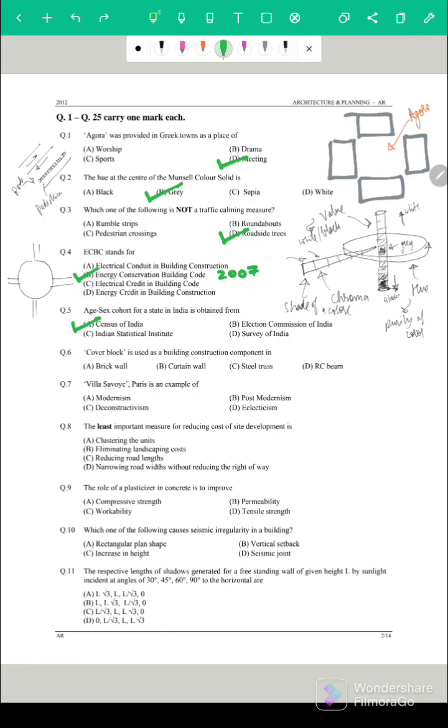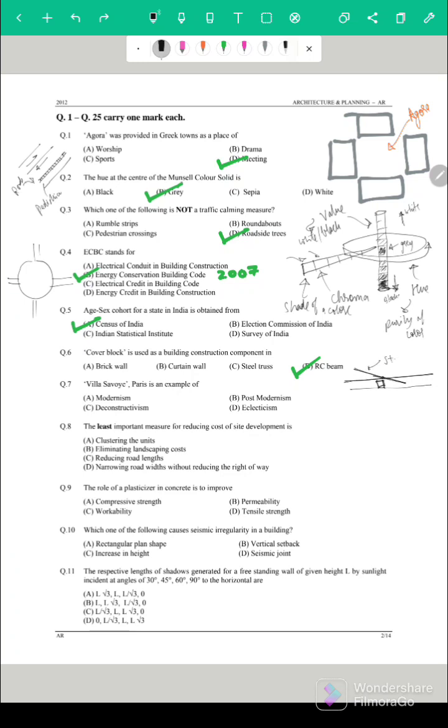Question number 6, cover block is used as a building construction component in. So the correct answer of this question is option number D, RC beam. So a cover block is nothing but plastic clips which are used to hold the steel bars.